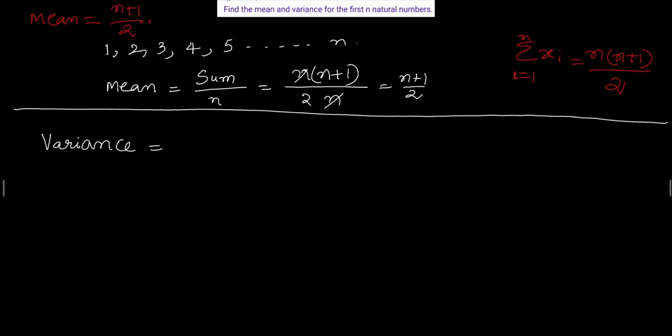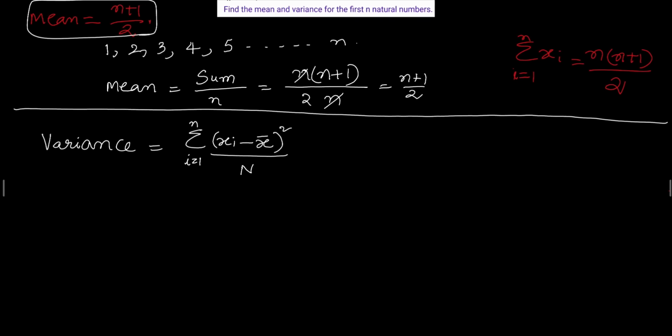Variance is equal to sigma of xi minus x bar whole square, i equals 1 to n, divided by n. Now xi are nothing but here our natural numbers 1, 2, 3, 4 and x bar is our mean, which we already calculated as n plus 1 by 2.